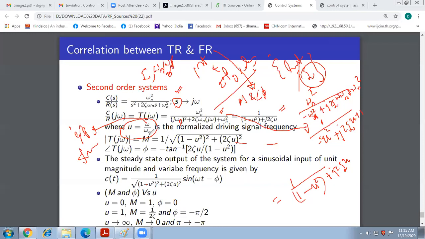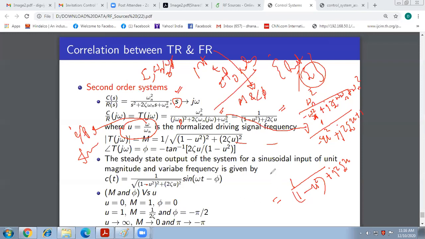No, that is the natural frequency, the system parameter, right? Omega n and zeta are characteristics of the system. Once I have a system in my hand, I model it in terms of the values omega n and zeta. So omega n is its own parameter, and I obtain a normalized frequency u from omega divided by omega n.